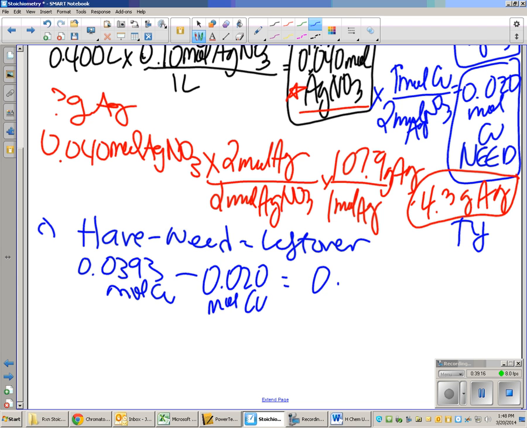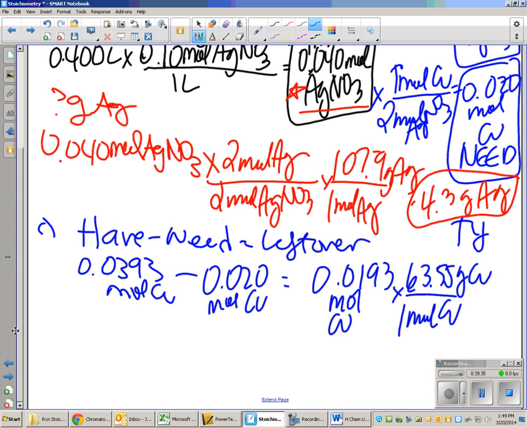So how much do you have left over? 0.0119. Yeah. All right. But how much does not mean moles. It means mass, right? Grams. So last step. Multiply by copper. 63.55 grams of copper over 1 mole of copper. That gives us like 1.23 grams of copper. Good job, guys.